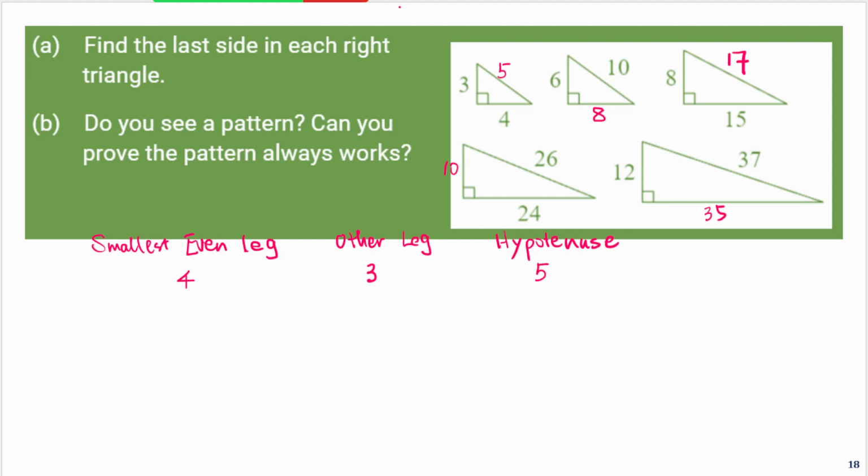In the second triangle, the smallest even leg is 6, the other leg is 8, and the hypotenuse is 10. In the third right triangle, the smallest even leg is 8, the other leg is 15, and the hypotenuse is 17.